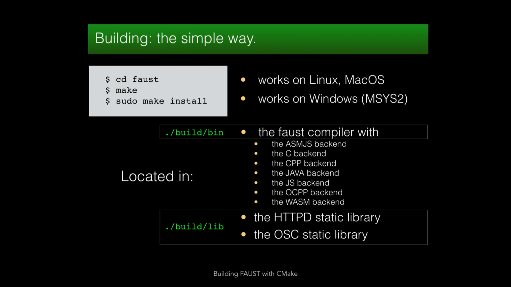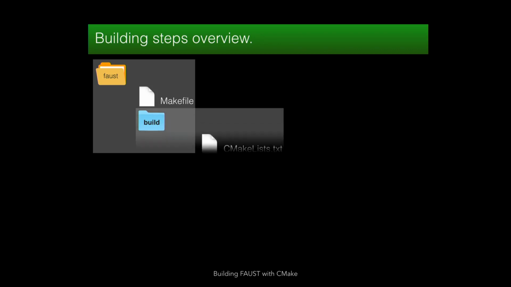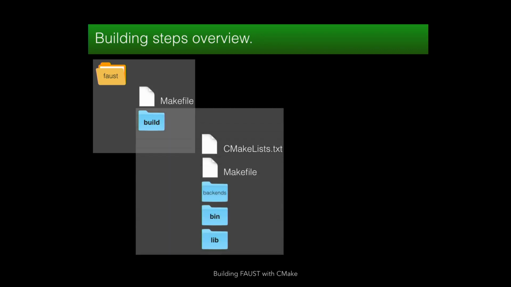So actually, when you call make at the top level of the Faust repository, at this level you find a new folder named build, and it actually calls the make file located in the build folder, which is calling Cmake to generate everything and to compile.